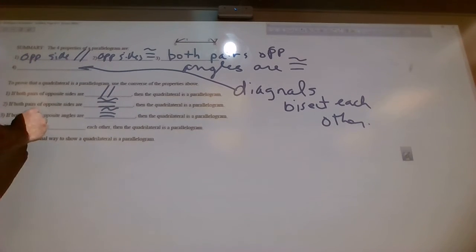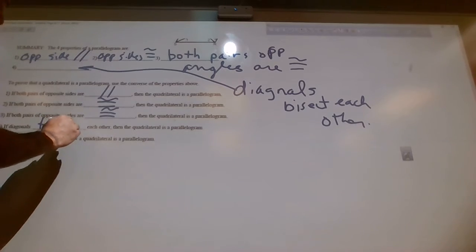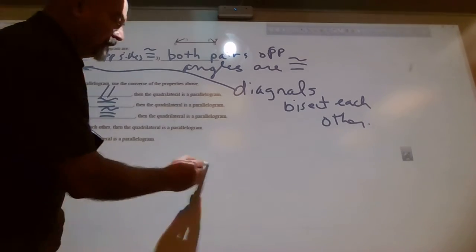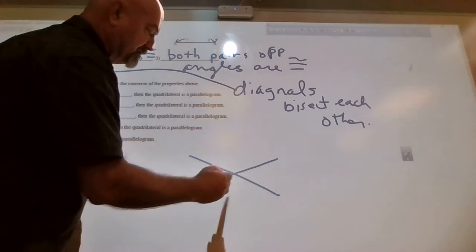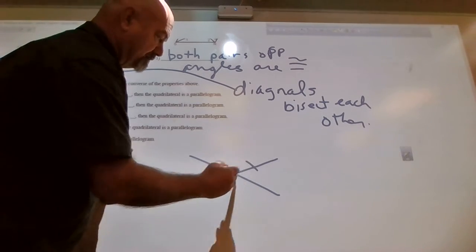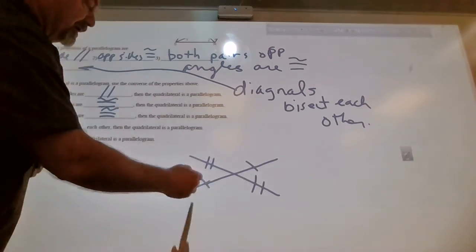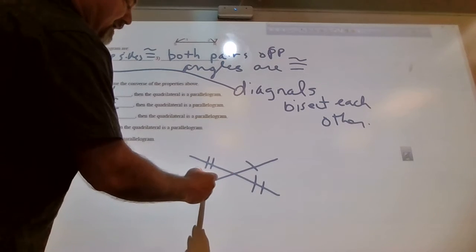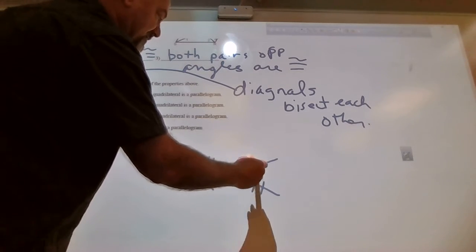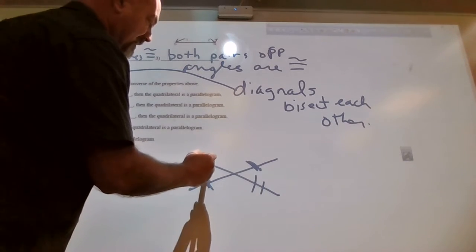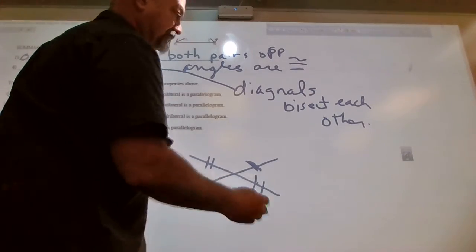If diagonals bisect each other, that means that they divide each other into congruent parts. They're not all four congruent, but this is congruent to this, and this is congruent to that. That's the diagonals.